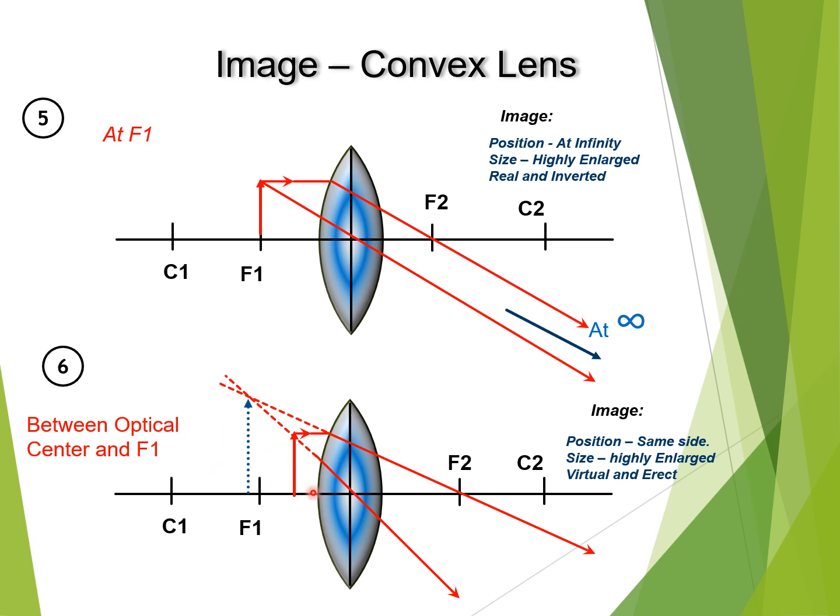The size is enlarged and it shall be virtual. It is not real. It shall be virtual. Only in one case, in convex lens, the image is virtual, and of course it is erect. It is not inverted, it is erect. Right? So these were the 6 positions where the object can be placed in front of a convex lens.